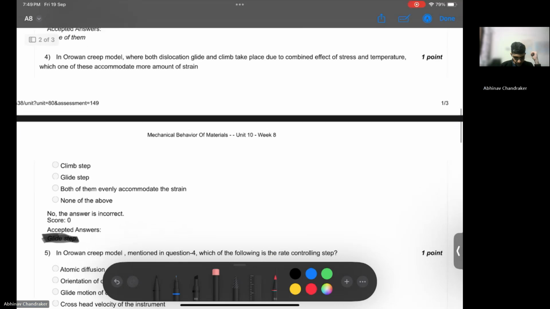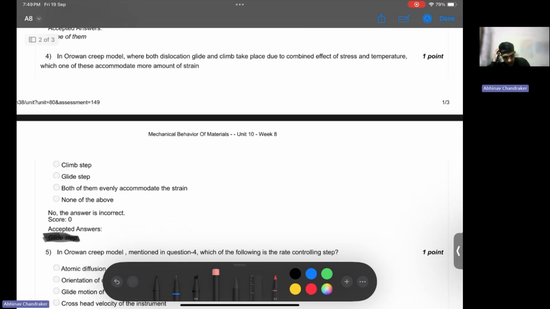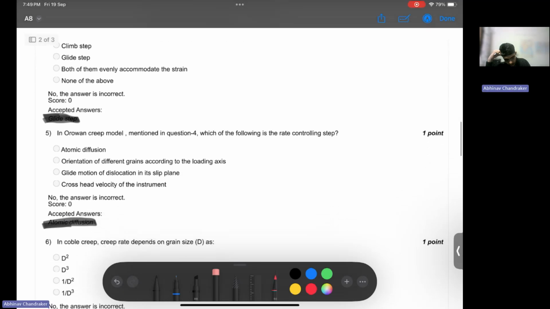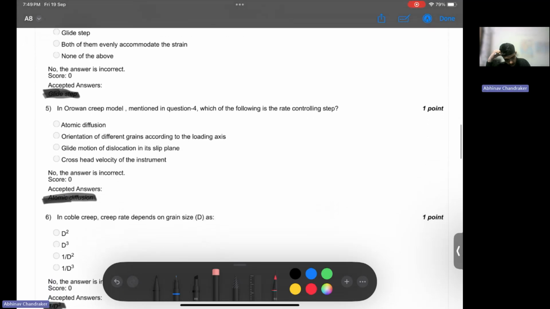Okay. In Orowan creep model, where both dislocation glide and climb take place due to the combined effect of stress and temperature, which one of these accommodates more amount of strain? Actually, I have not discussed it in my summarization yet.